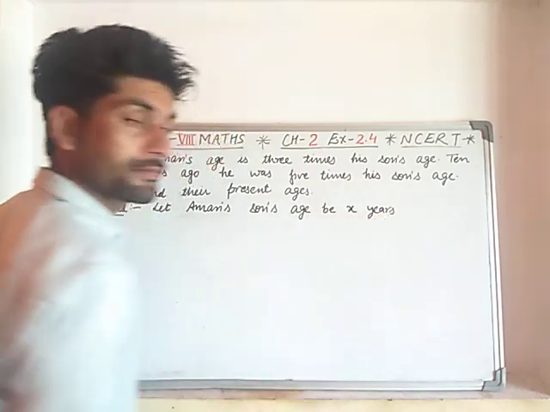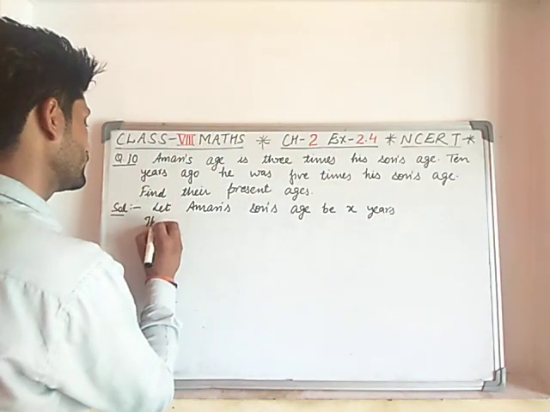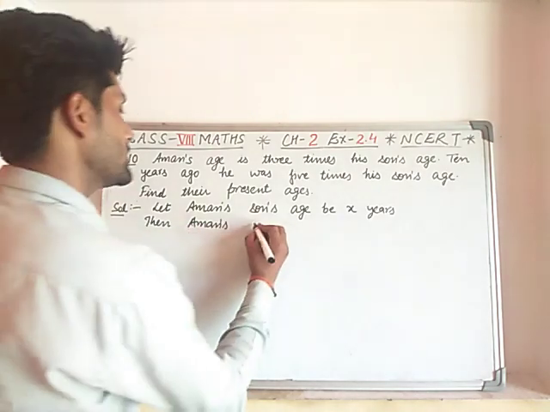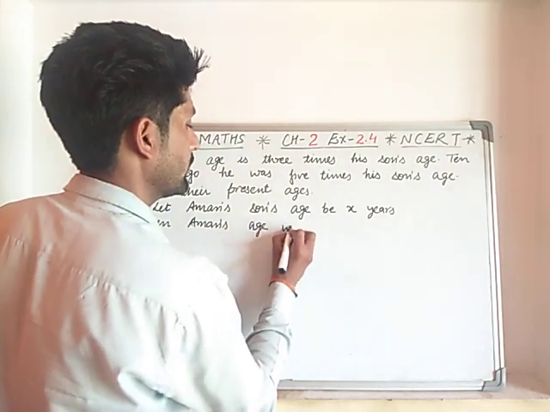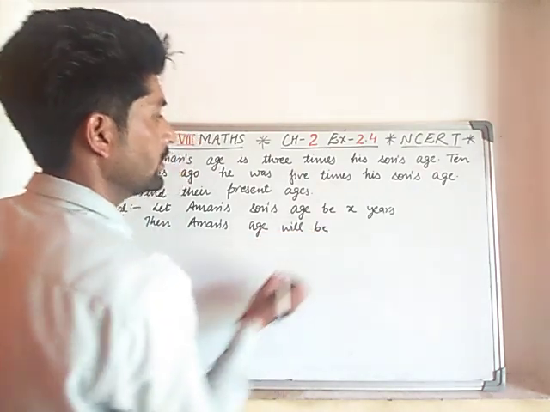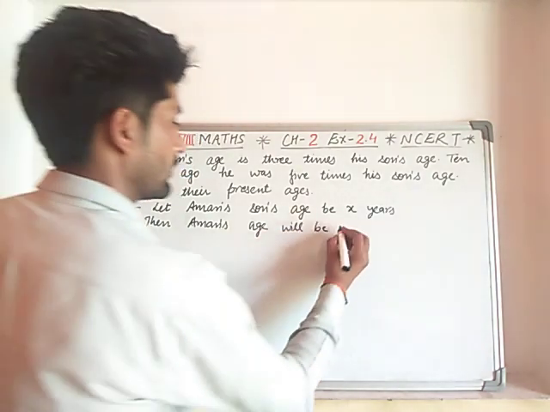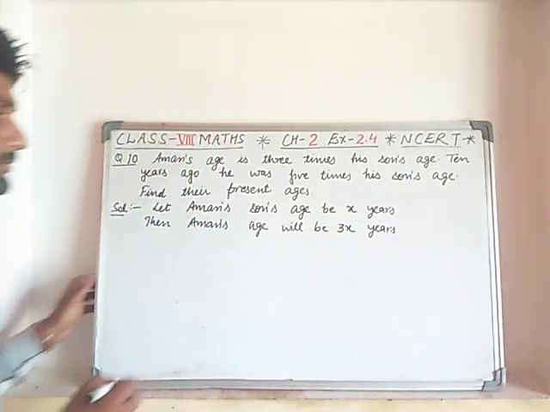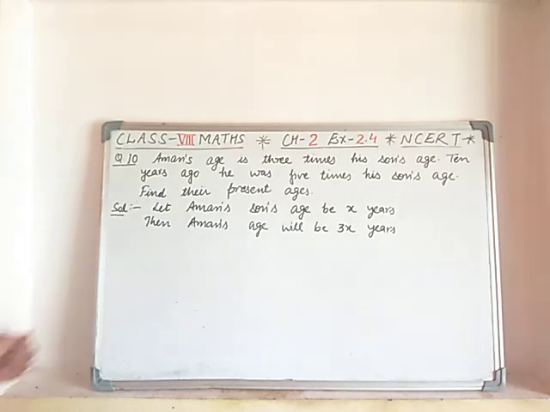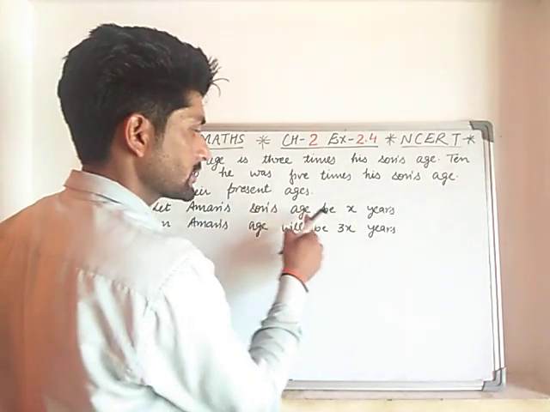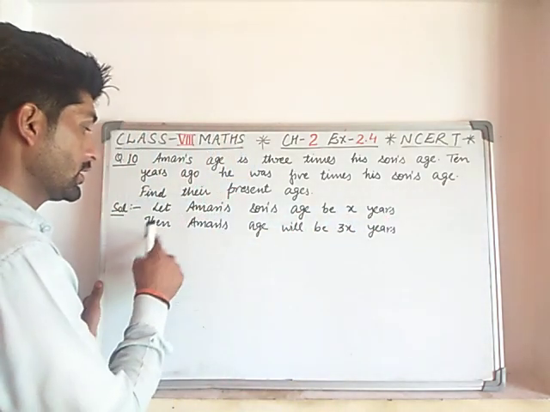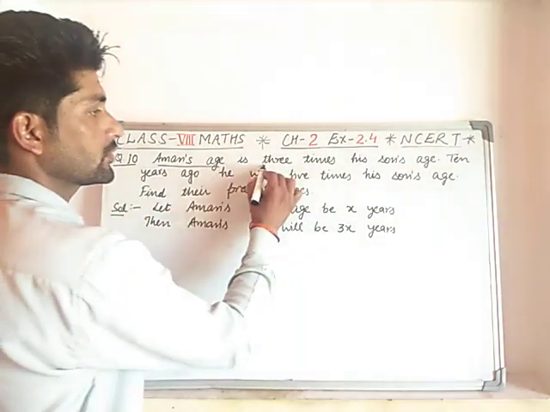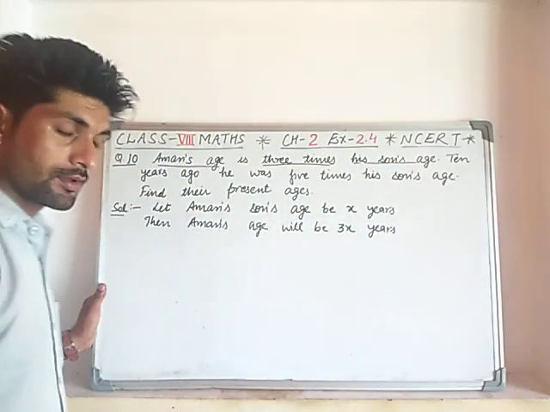x years. Then Aman's age will be 3 times, 3x years. So let Aman's son's age be x years, and then Aman's age will be 3x, because it is given that Aman's age is 3 times his son's age.